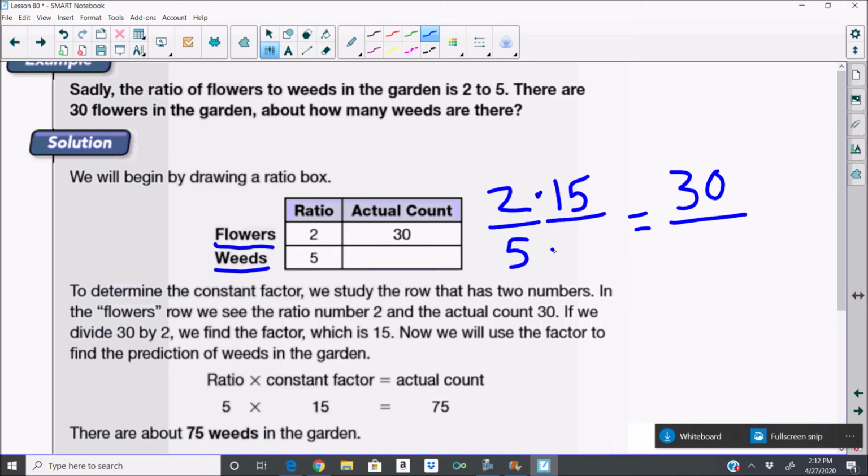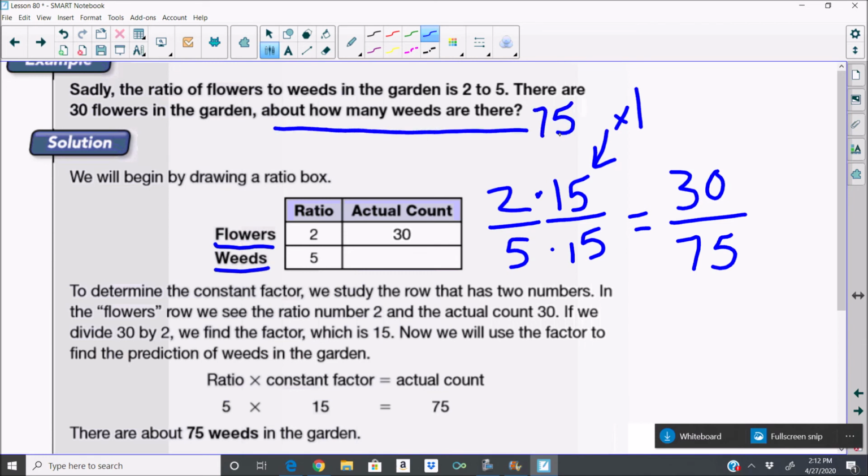I have to do the same thing to the bottom, the denominator, because this is multiplying it by 1, right? 15 fifteenths is like 1. So I'm not changing anything, I'm just making an equivalent fraction. So 5 times 15 would be 75. So we go back to our problem here. There are 30 flowers in the garden. About how many weeds are there? The answer to that would be 75.